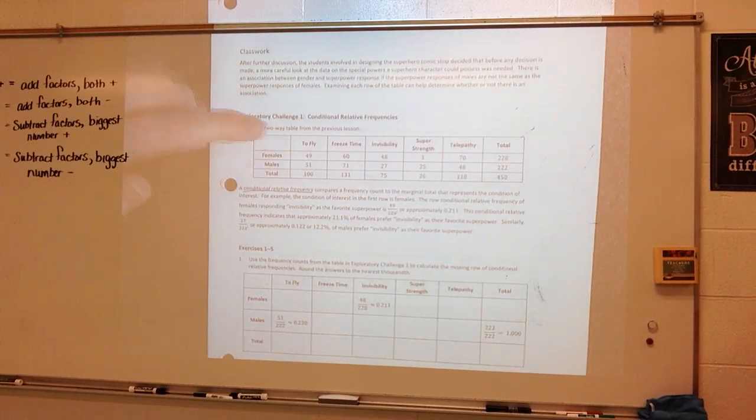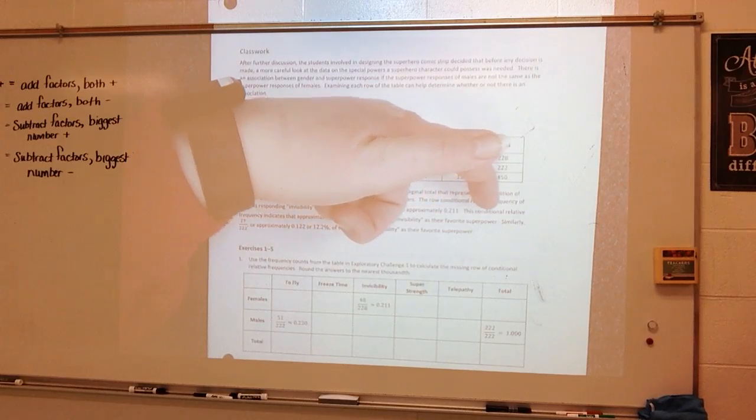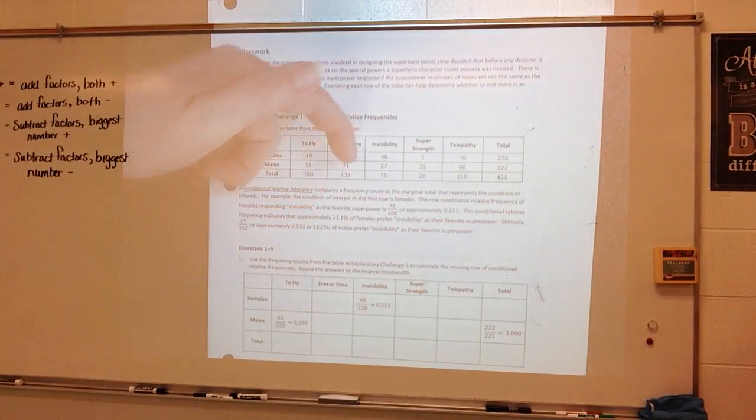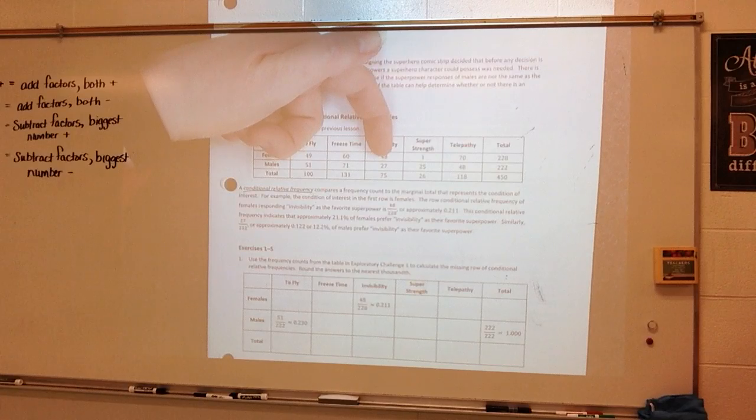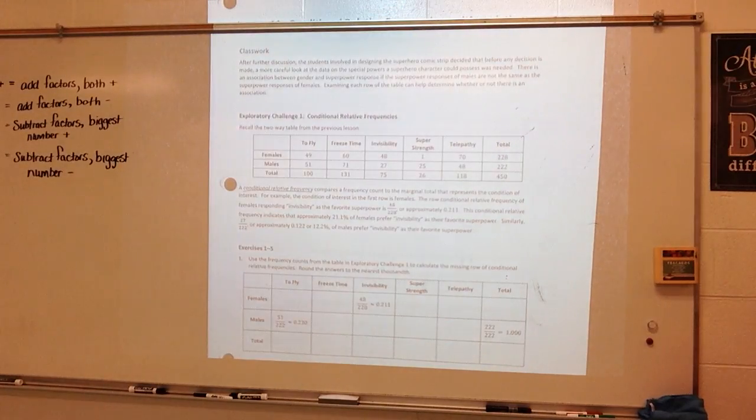Alright, so if I'm looking for the row conditional relative frequency of invisibility, there were 48 females that chose invisibility over the total number of females, which was 228, or approximately 0.211.